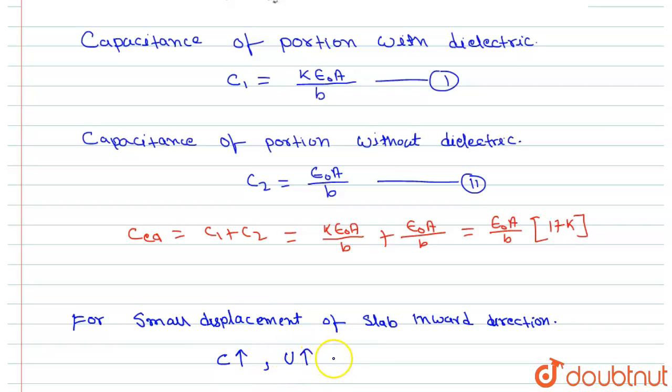If U increases, then we know that Q is equal to CV, and V is constant. If V is constant and C increases, then Q also increases.